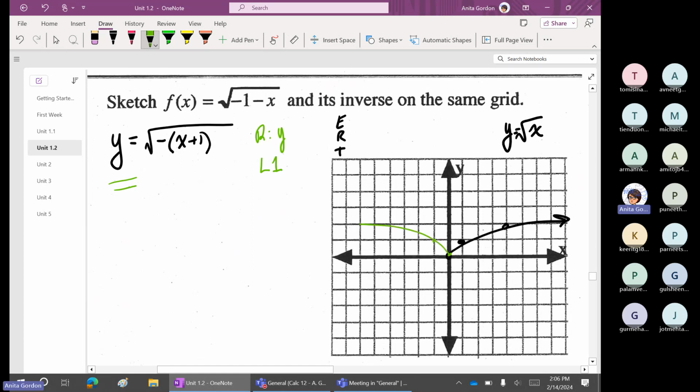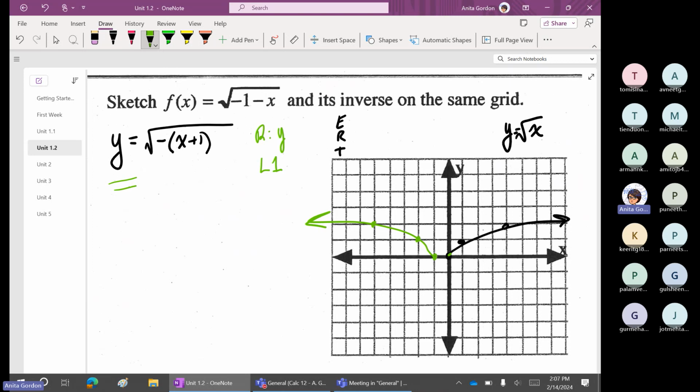Reflection, so I'm flipping it backwards like that, and then left 1. So this is f of x, the green.